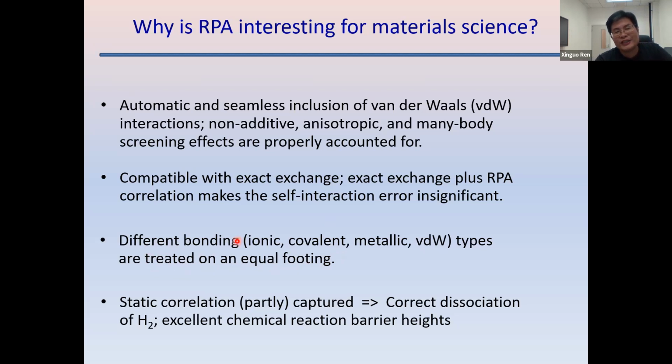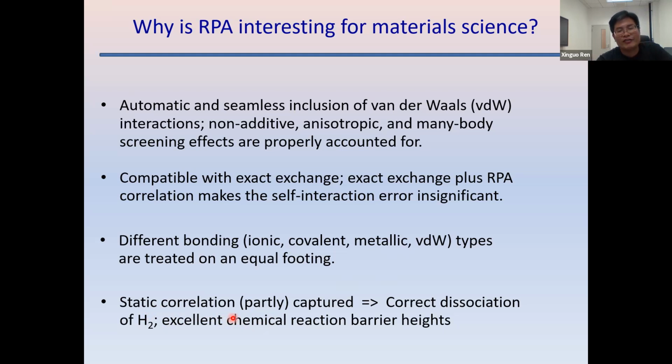And the third feature we can say is that RPA seems to be able to describe different bonding types on an equal footing, including ionic, covalent, metallic, and van der Waals bondings. So this makes it useful when you have a very complex situation which has different types of bonding characters.